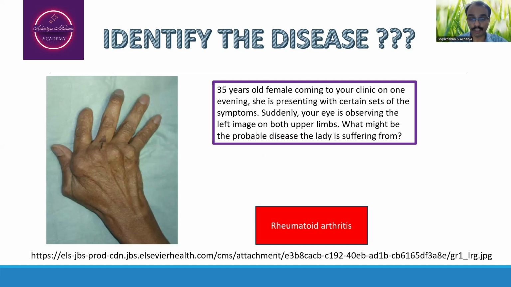As per the description, the 35-year-old female has this deformity observed in both upper limbs. The disease the person may be suffering from is considered to be rheumatoid arthritis.